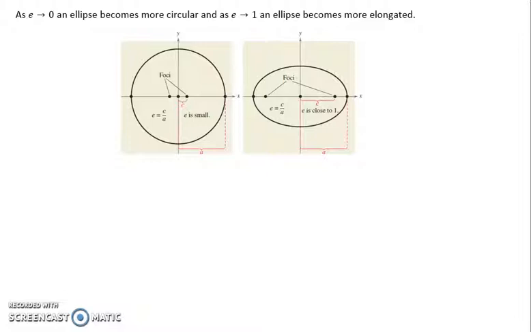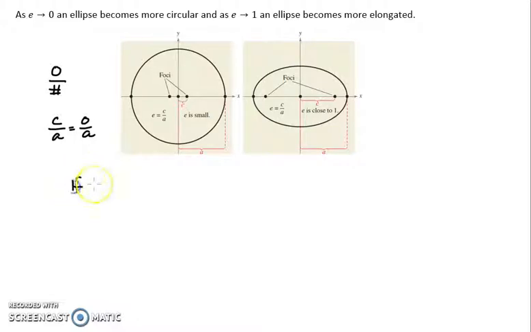So what happens when the eccentricity equals 0? That means we have c divided by a equal to 0, so c would be 0. If c is 0, that means the distance between the foci and the center is 0, which means the foci are sitting right on top of the center, which means we actually have a circle.